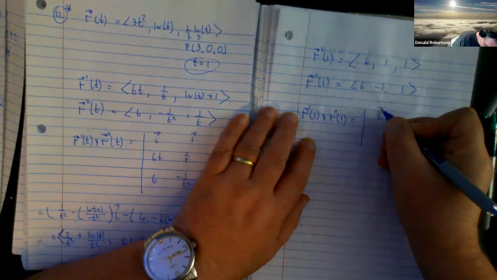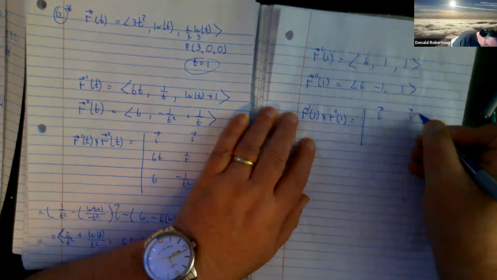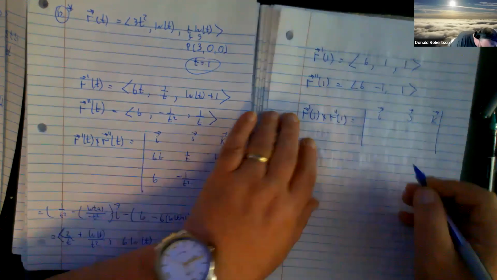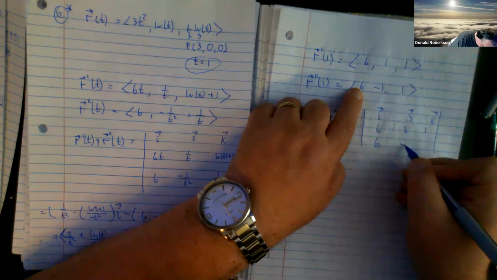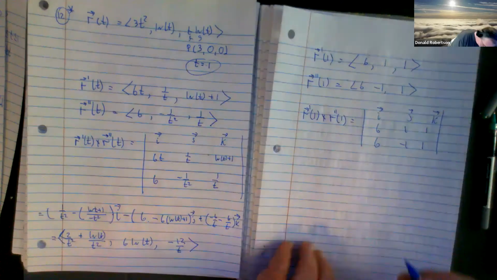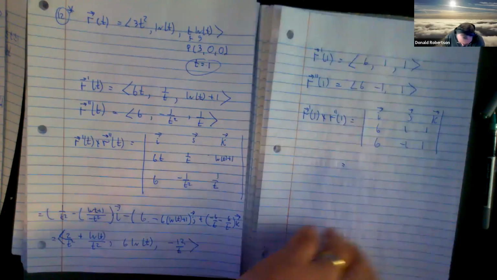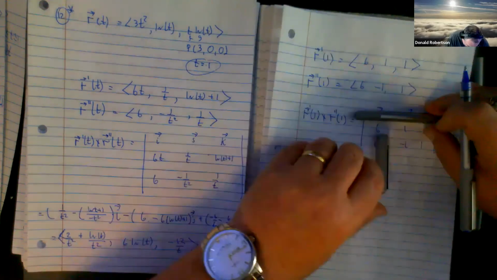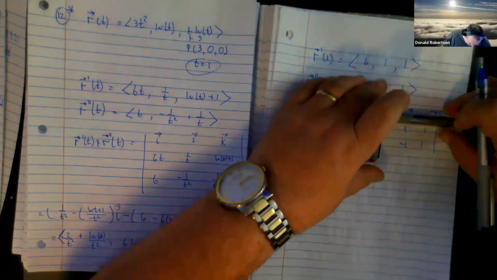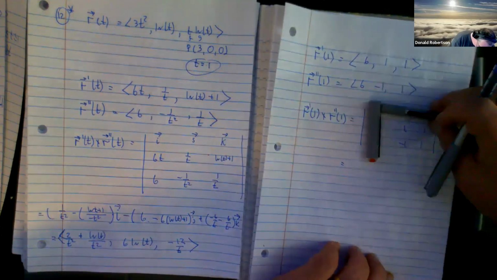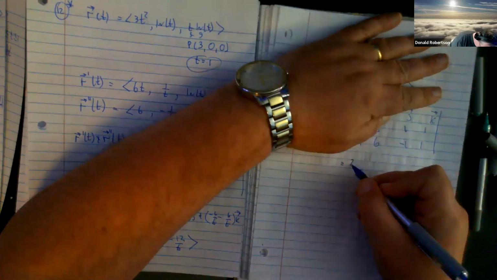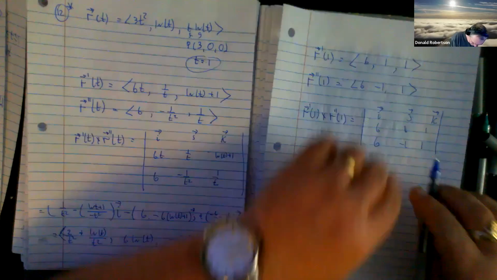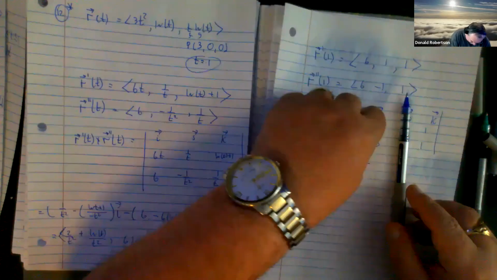i, j, k. 6, 1, 1. 6, negative 1, 1. Little cover up thing, that guy. 1 take away negative 1 is 2. Middle guy, 6 take away 6 is nothing.